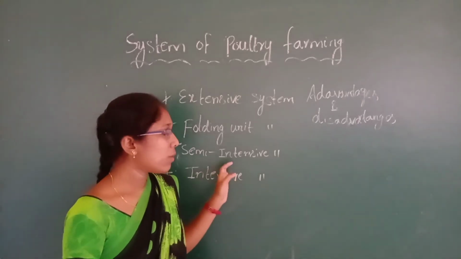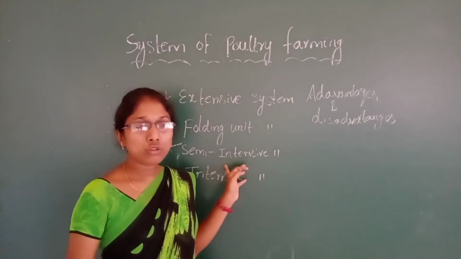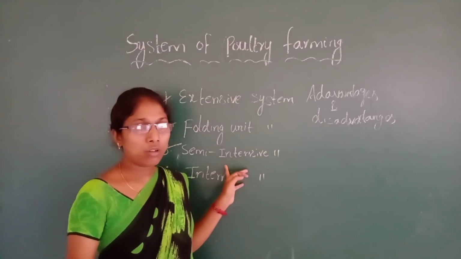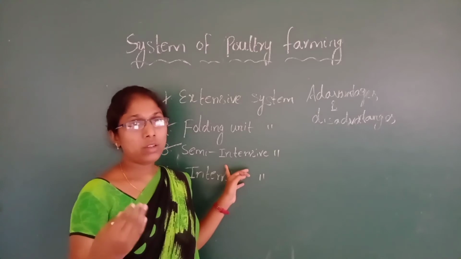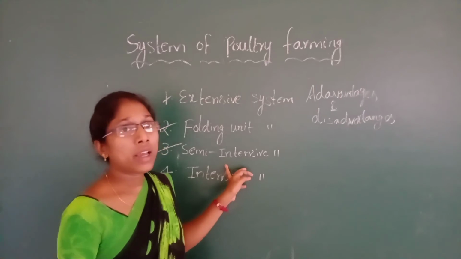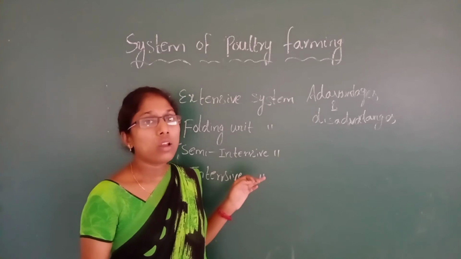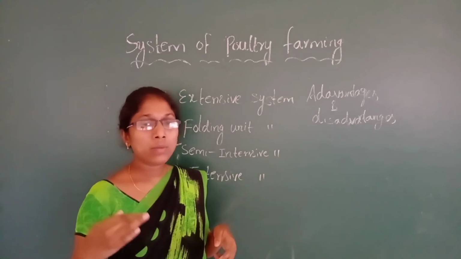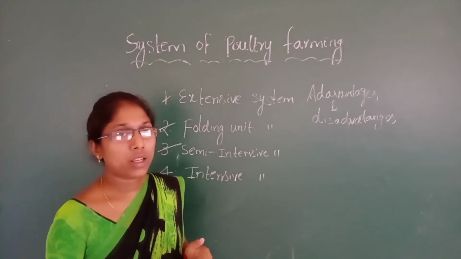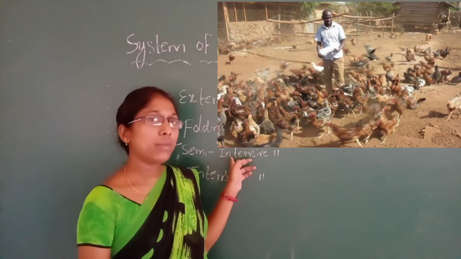In the daytime the hens move onto fresh grounds and take whatever food is available there. At night they are kept in the sheds, and we give some artificial feeding also. So they take both natural and artificial feeding. Like that we rear hens in the semi-intensive system.